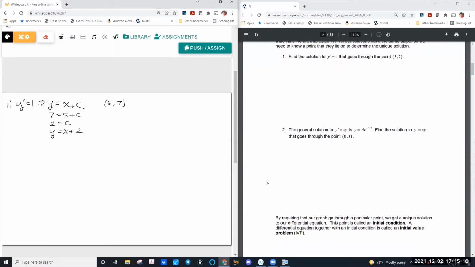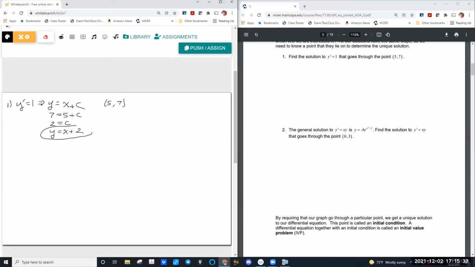A lot of problems we're going to do, especially once we get into the applications, are what are called initial value problems, meaning we're given some kind of initial condition so we can get the unique solution. Here's something that's going to take a little getting used to.